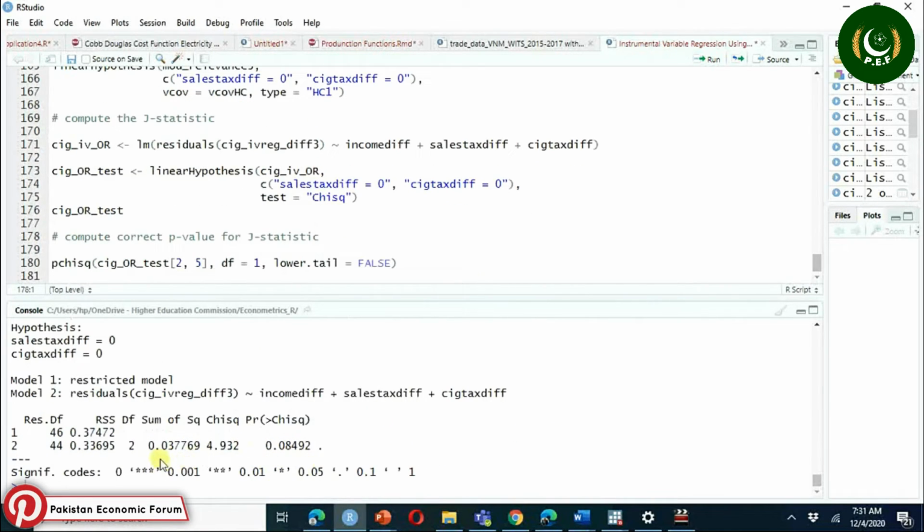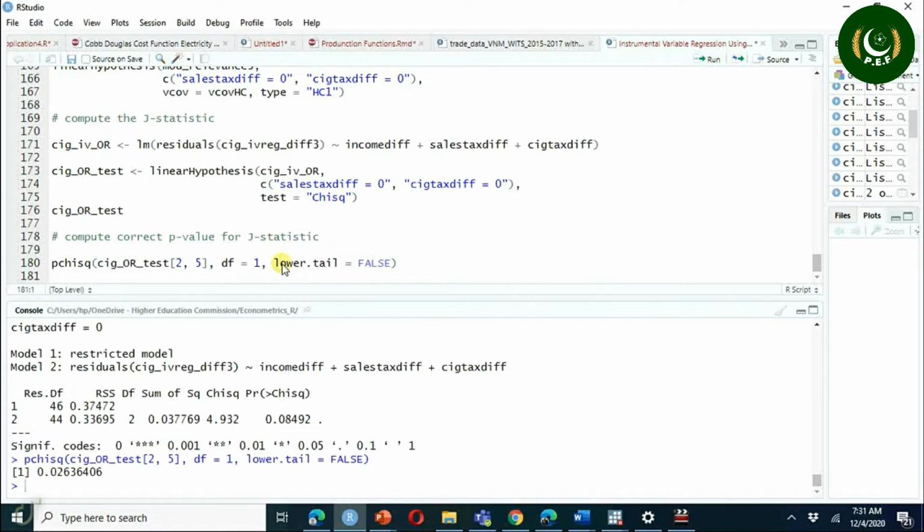This chi-square value is 4.93. And what is its p-value? Let's see, with 2 and 5 degrees of freedom, it is 0.026. So the null hypothesis that both instruments are exogenous is rejected, which means either both cigarette specific tax and sales tax are endogenous, or one of them is endogenous. Which one is endogenous? We cannot decide on the basis of any statistical criteria. For this, you need to go to theory.